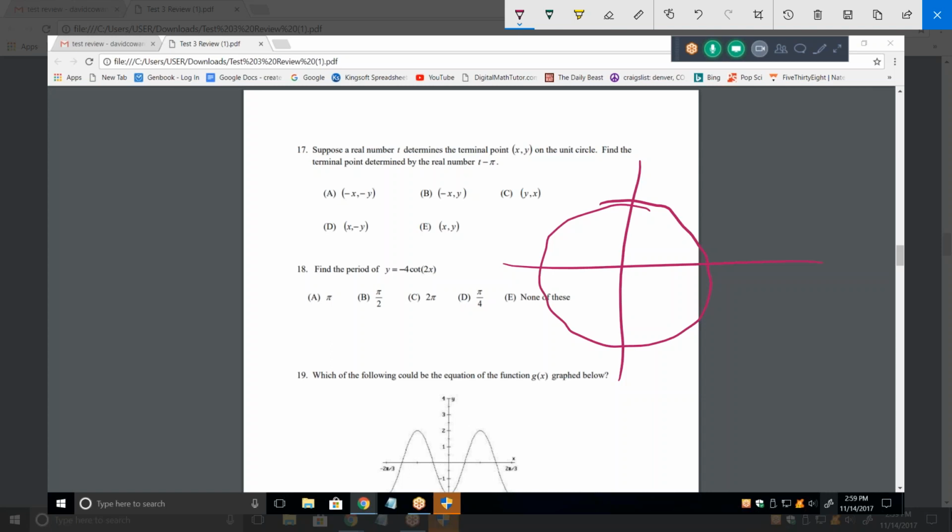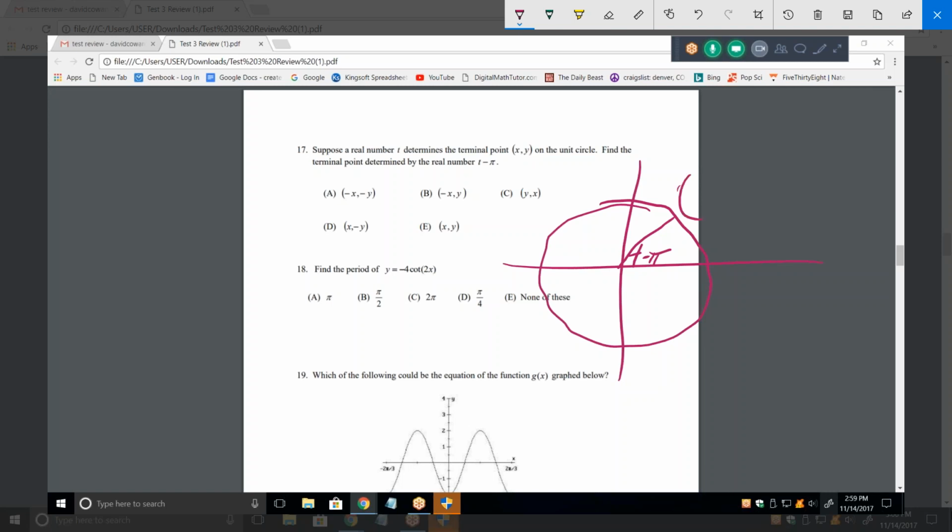In other words, this angle is what they're calling t minus pi. When they say there's a real number t, they're talking about an angle on the unit circle. Just like the last time they were talking about that, and they called it t. They're really talking about an angle.